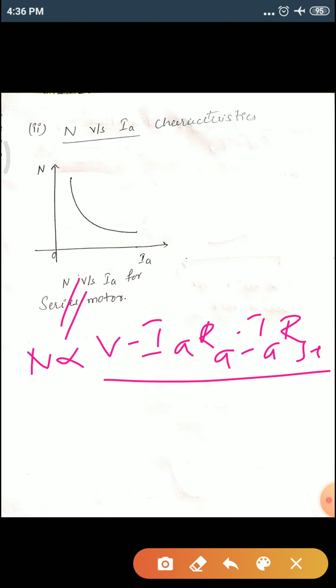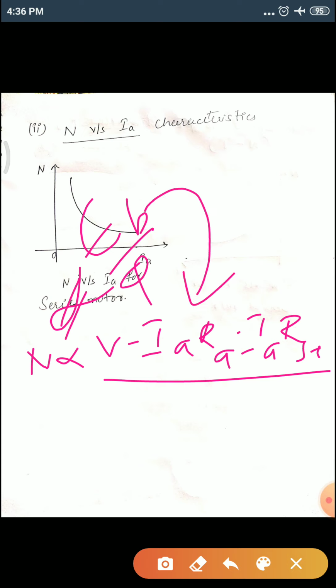Actually it is N proportional to EB divided by phi. The EB equation is this one for a series motor, and phi is IA. Even though this voltage drop starts increasing when IA increases, V minus this combination also starts decreasing.